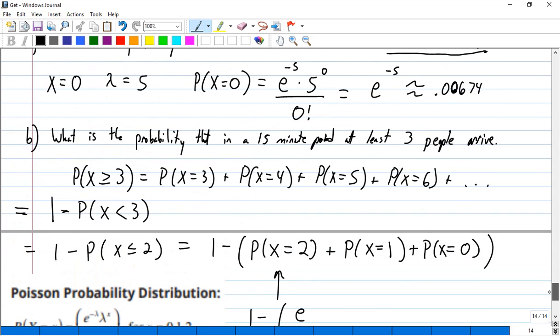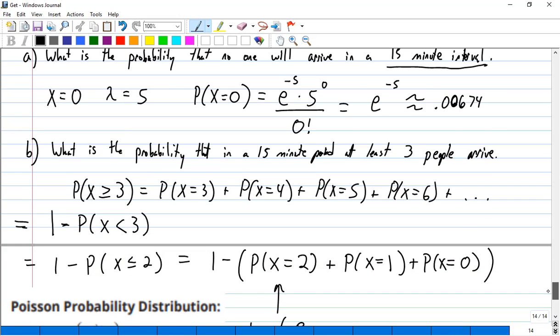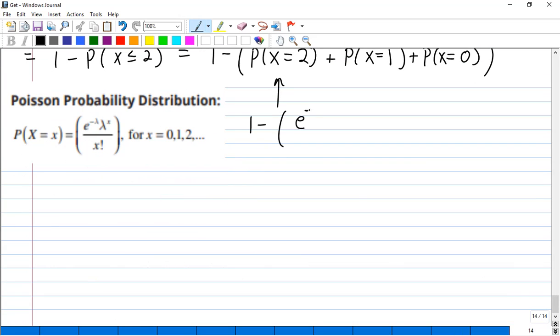What did we figure out the mean was? 5. So it's e to the negative 5 times 5 to the what? 2 over what? 2 factorial. So that's our first part.